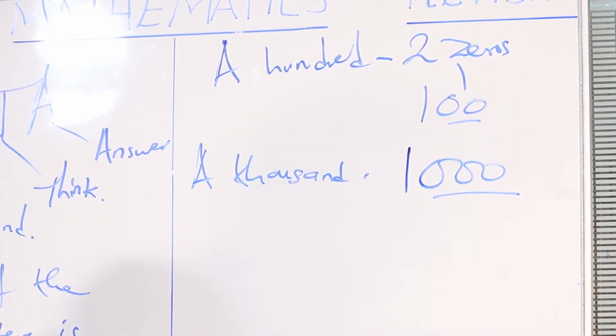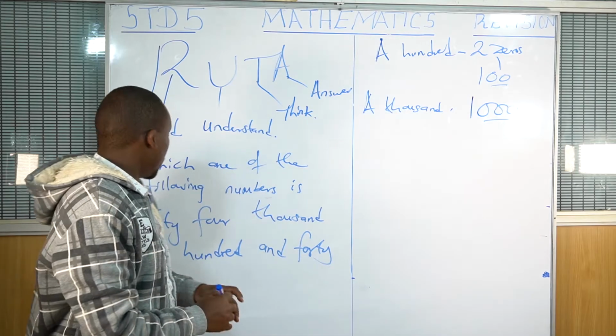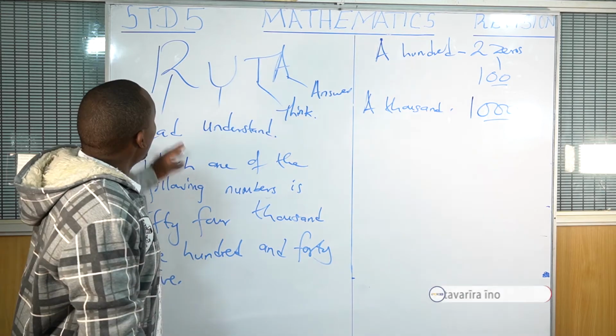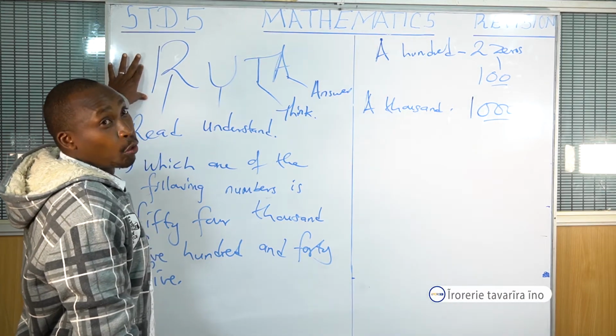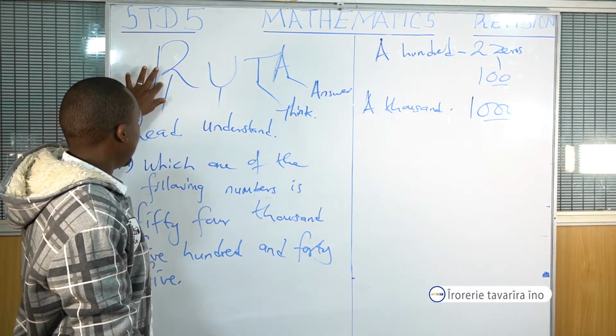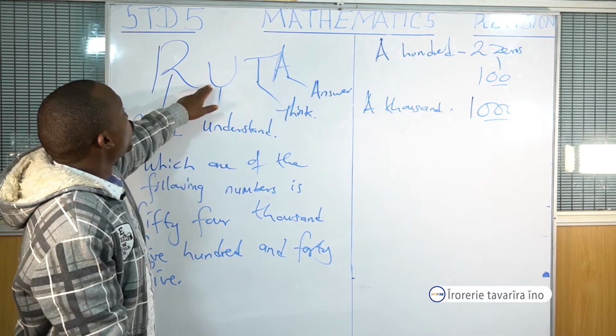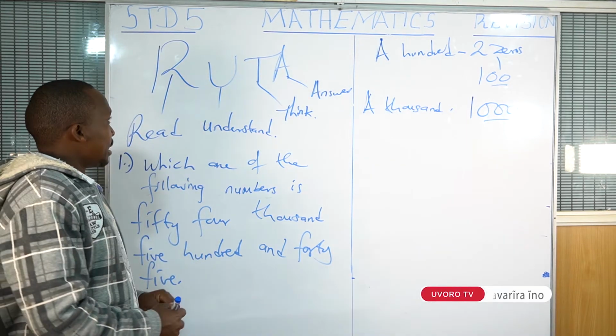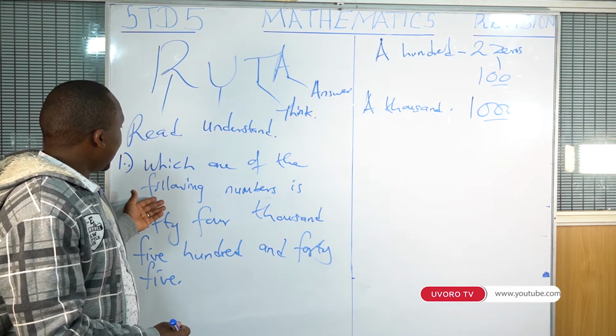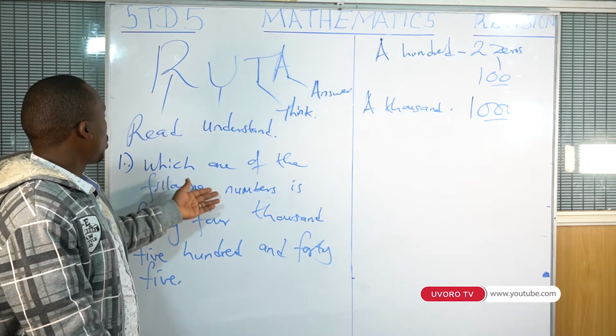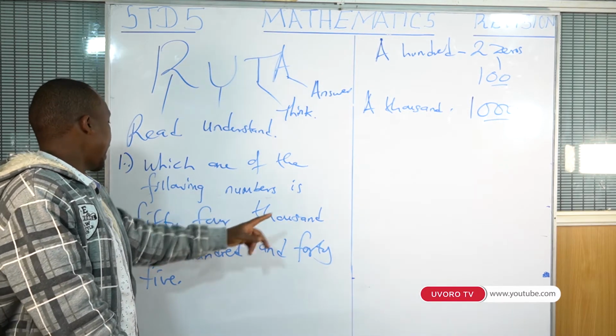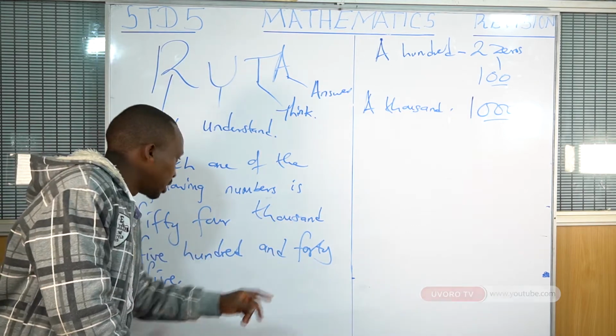Now, in our case here, we are told to write using our formula, that is RUTA. We must read. We have already read. U for understanding. Now, let's reread our question again. Which one of the following numbers is 54,545?